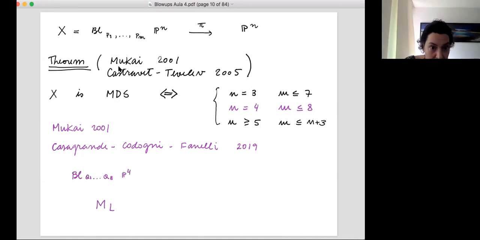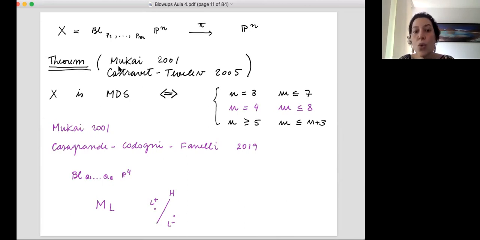And then what Mukai and then Casagrande, Codogni, and Fanelli observed is what happens with the moduli space of vector bundles on the surface P2 blown up at 8 points when you change the polarization L. So as we will see, there will be some hyperplanes in the space of polarizations for which, when you cross this hyperplane, the moduli space is going to change.